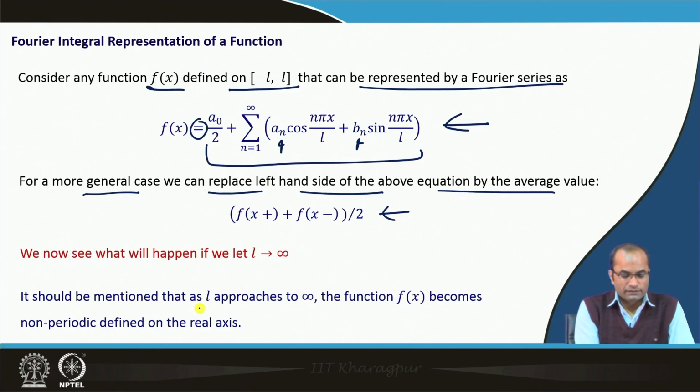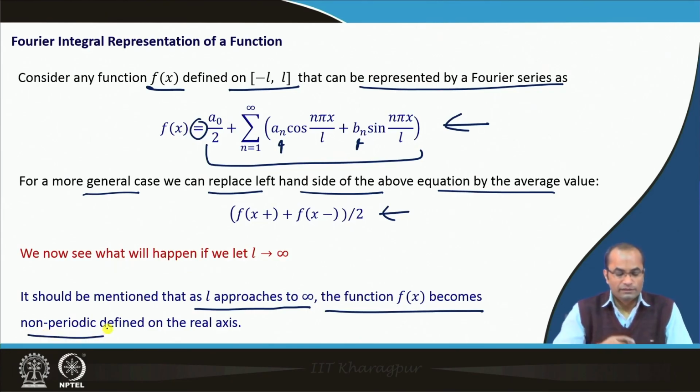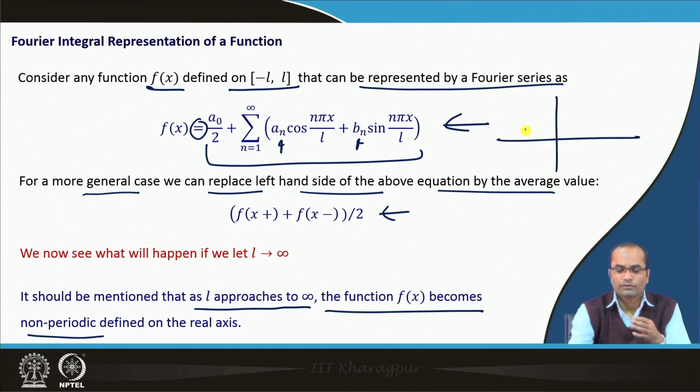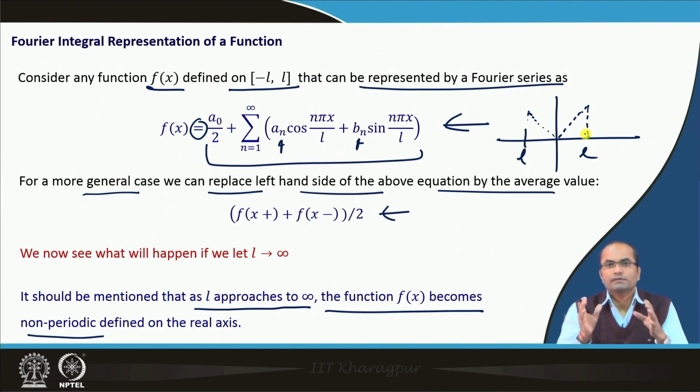It should be mentioned that as L approaches infinity, the function f(x) becomes non-periodic, because the function f may not be a periodic function. This is what we have discussed in the Fourier series. However, when a Fourier series converges, it converges to a periodic function. So the idea was that we take, for instance, a function in the interval minus L to L, for example mod x or any other function, and then write its Fourier series.